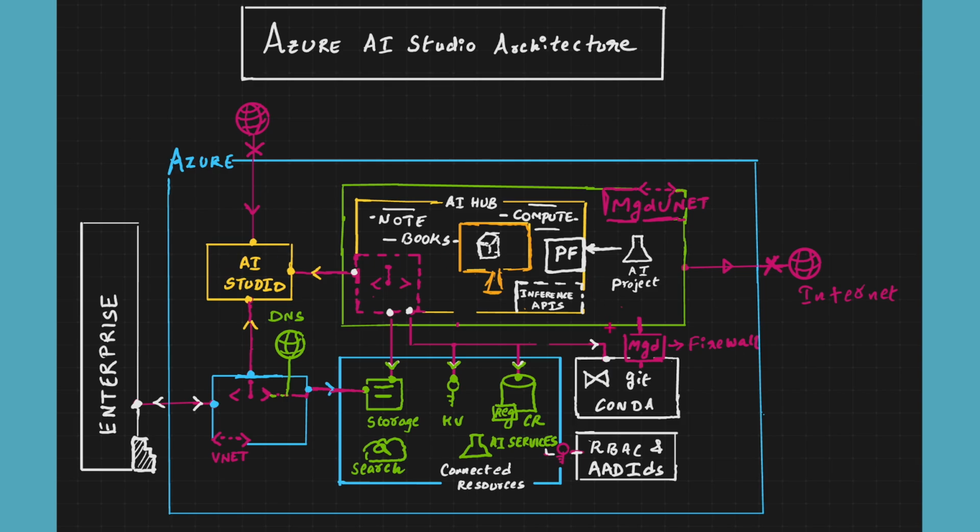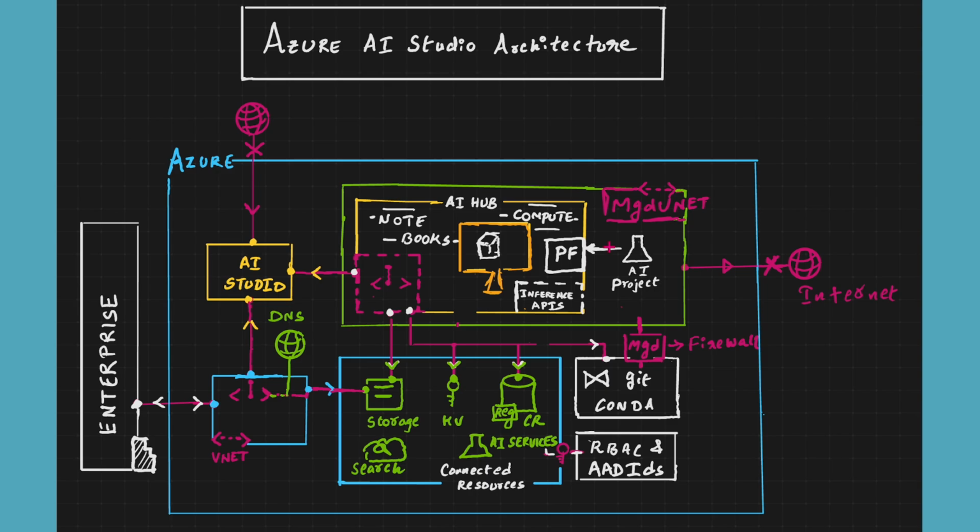So AI Studio comprises of, of course, two parts. Think of them like that. And in fact, there are three parts. One is the AI Studio portal itself, where you can see everything. So what is everything? Everything is a hub and a project. A hub is typically used to maintain such resources as compute, and any other connectivity to other services, which are pretty much done once, and made available to something called AI projects.